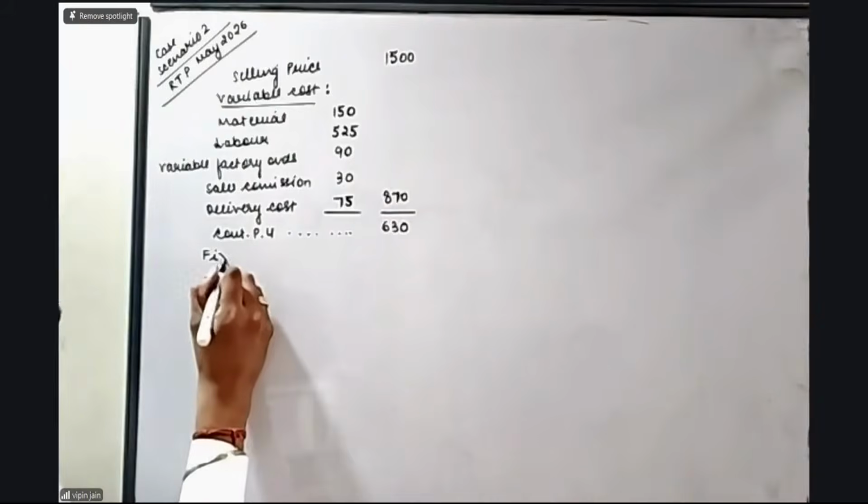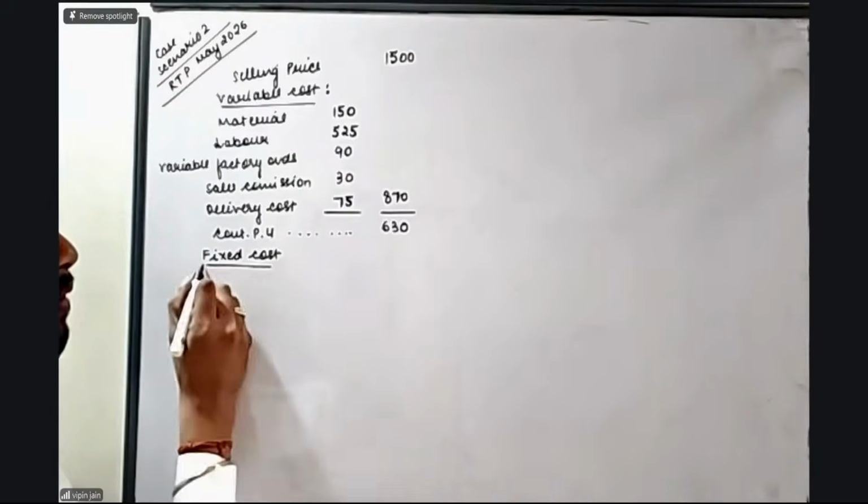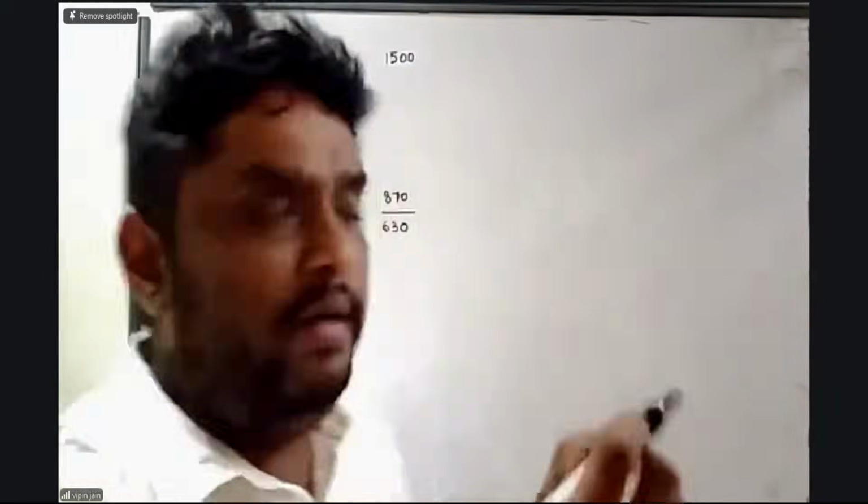Further, my fixed cost also we can calculate. Fixed factory overheads are 16,500.